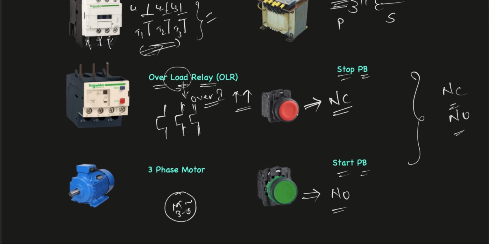Whenever you press the start push button, it turns into normally closed, and whenever you press the stop button, it turns into normally open. The single line diagram of a stop push button looks like this, and the single line diagram of a start push button looks something like this. This is start, and this is stop.